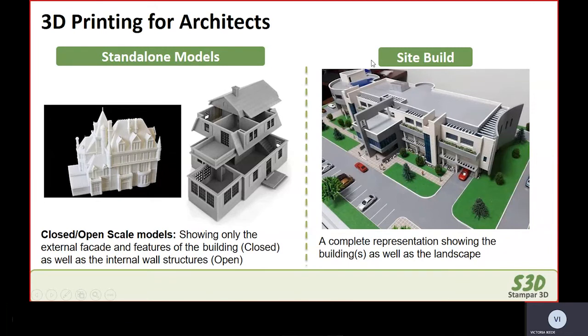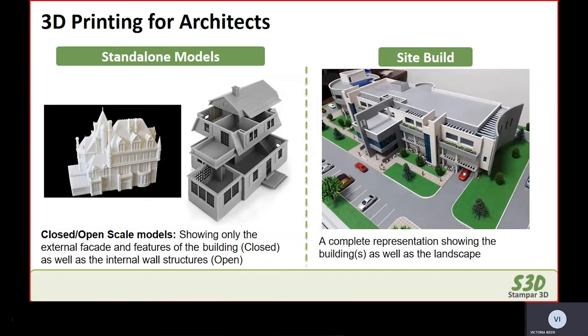Then the other is building a whole site. So you're trying to build the resulting landscape, with your streets and your cars and your street lights and maybe even building lights.